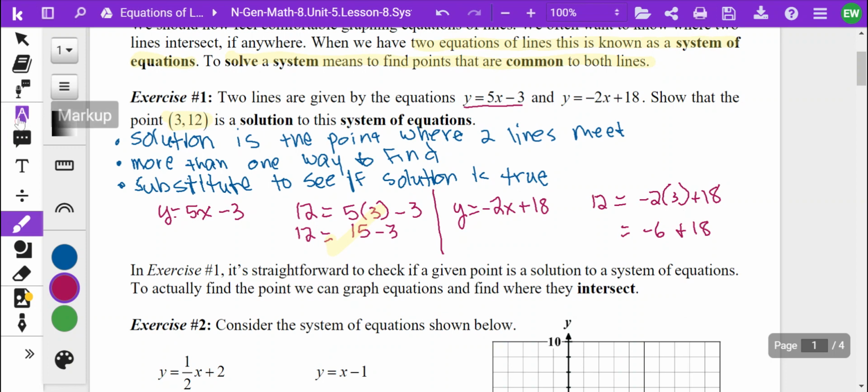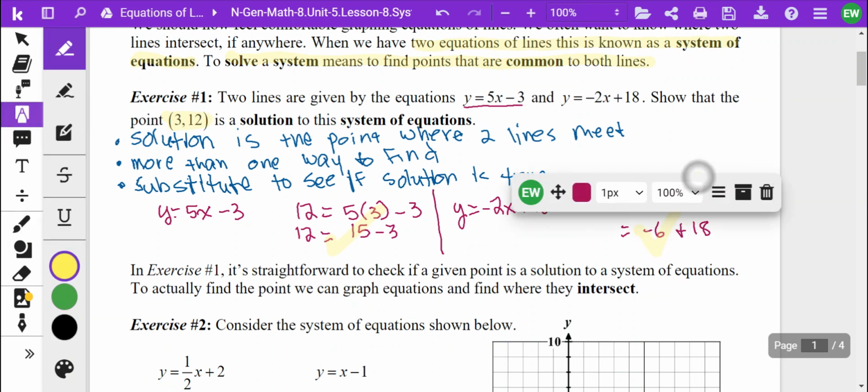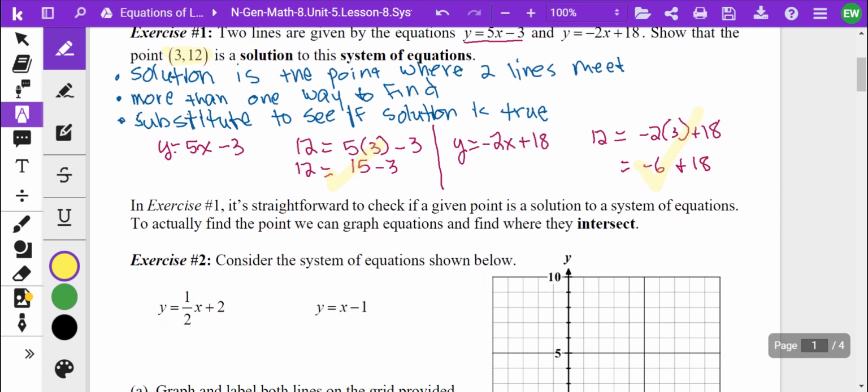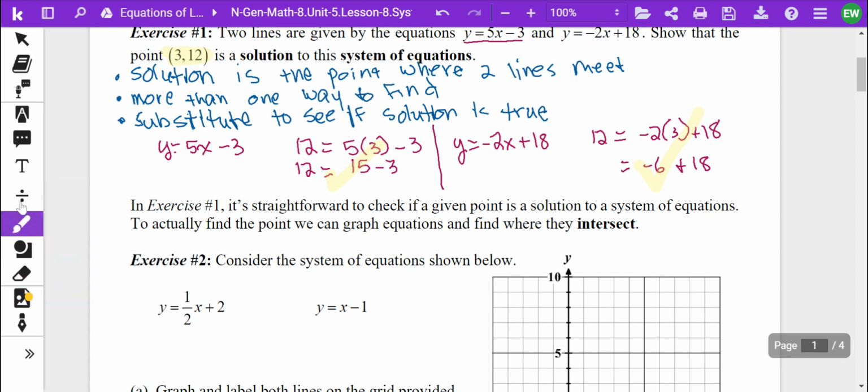Yes, indeed. That is 12. If we throw that into a calculator, that's what it's going to say. Okay, so we can see it's easy to check if we're given the point.